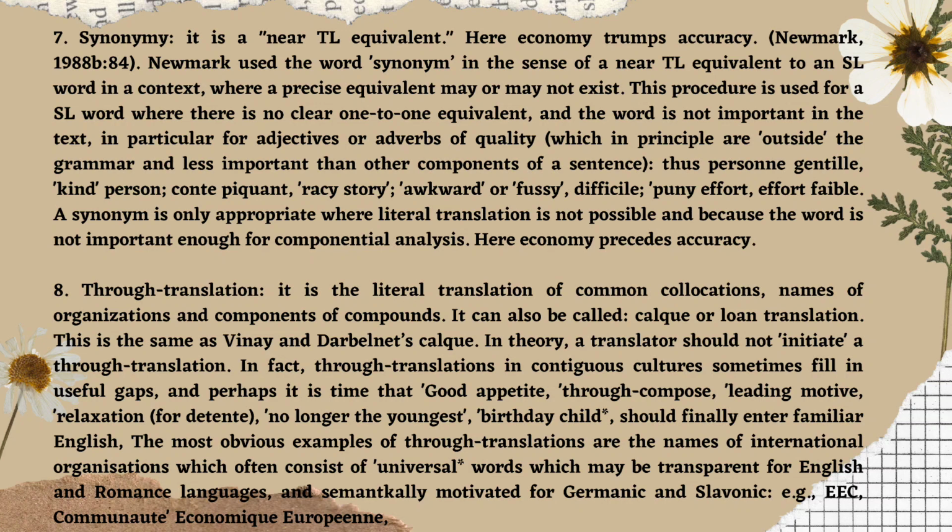This procedure is used for an SL word where there is no clear one-to-one equivalence, and the word is not important in the text, in particular for adjectives or adverbs of quality, which are in principle outside the grammar and less important than other components of a sentence.